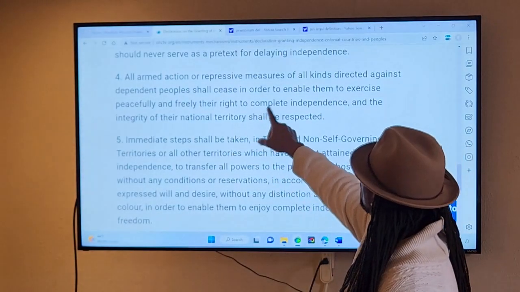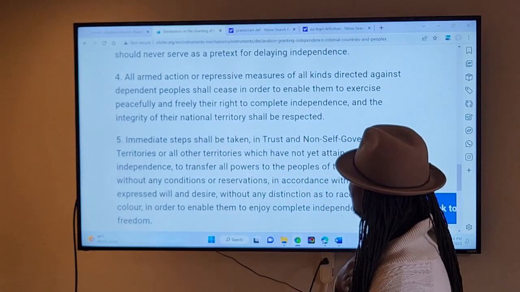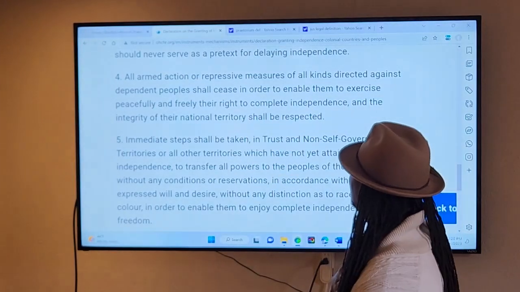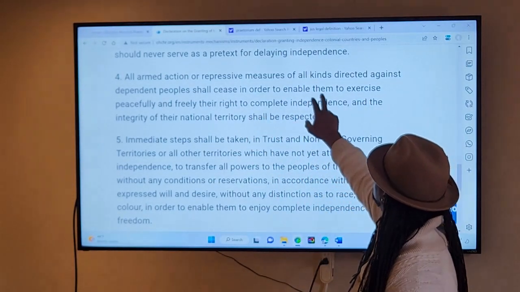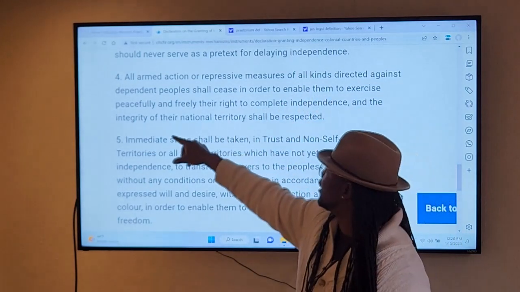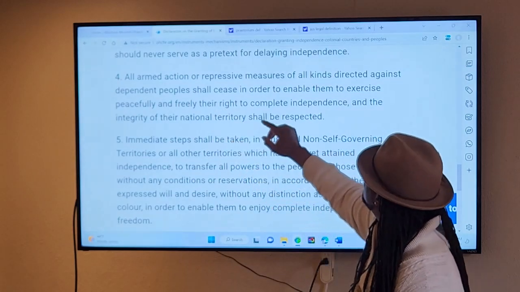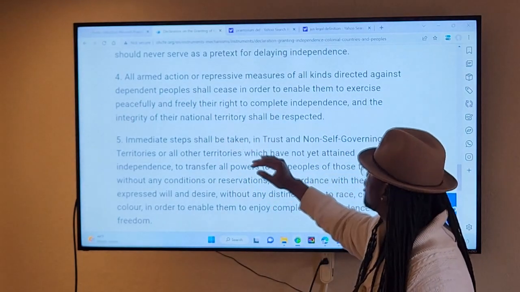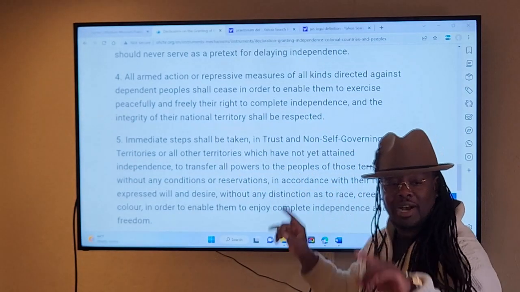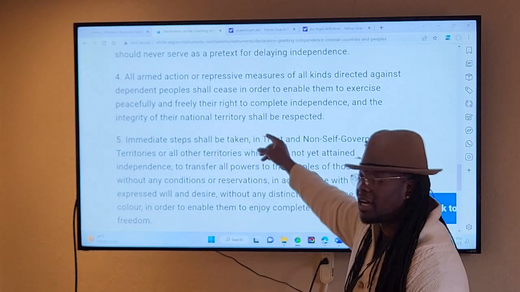All armed action or repressive measures of all kinds directed against our state and the nationals of ANPAC shall cease in order to enable us to exercise peacefully and freely our sovereign right to complete independence, and the integrity of our national territory, our Udi Pasade's juris territory that we claim, true peace, shall be respected.